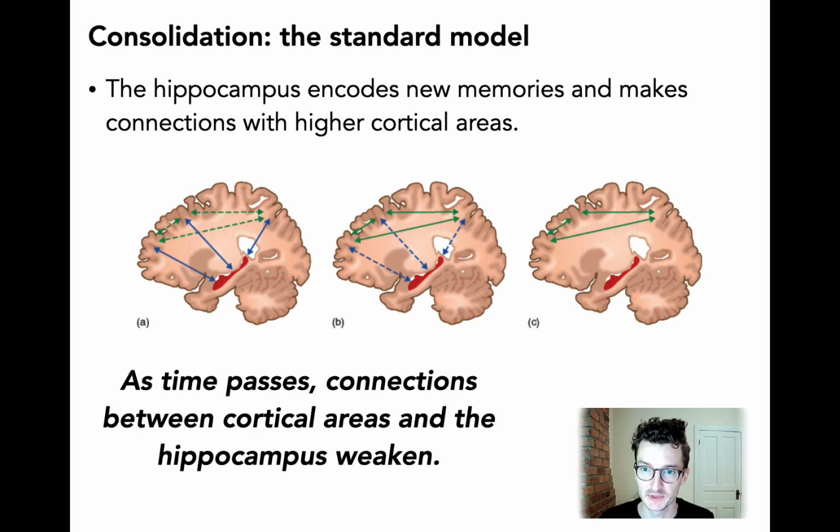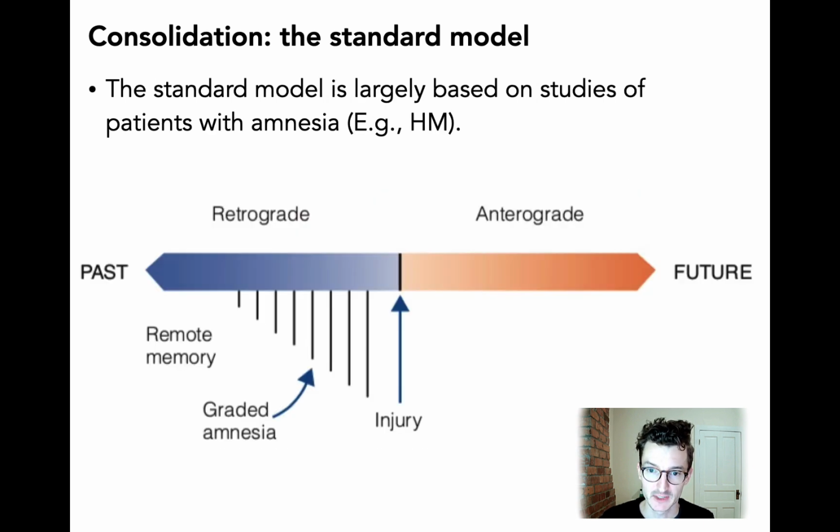Classic anterograde amnesia. But HM also had retrograde amnesia, but it was graded. So what does that mean? It means that experiences that he had just prior to his surgery were lost, were gone. But experiences that he had months, years before his surgery were retained.